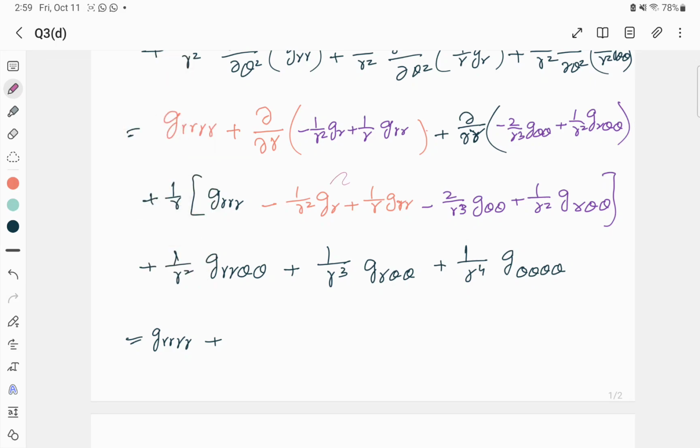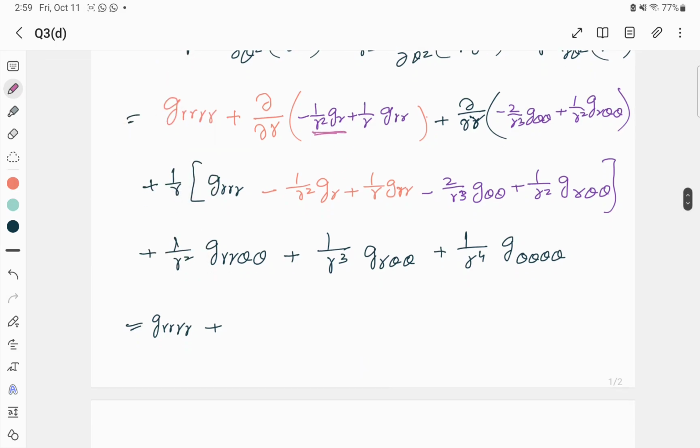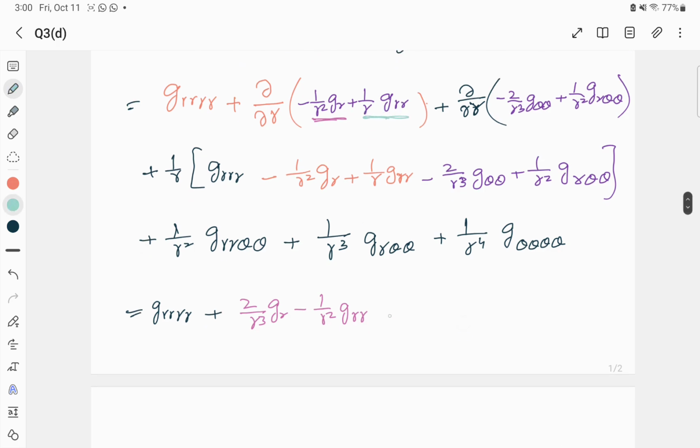If I apply the product rule on this one, the derivative of negative 1 over r square will become 2 over r cubed and g_r, then negative 1 over r square remains as it is. The derivative of g_r will be g_rr, and then the derivative of this one, when we apply the product rule on it, will become negative 1 over r square g_rr plus 1 over r g_rrr.